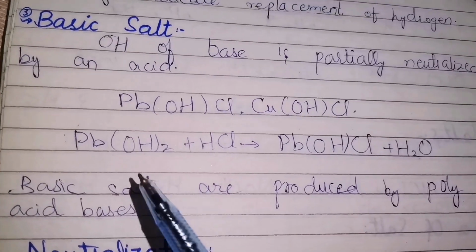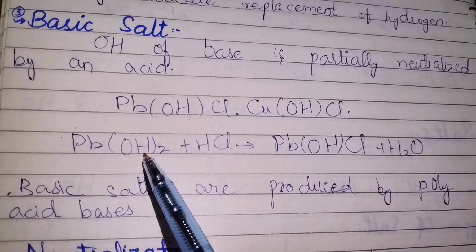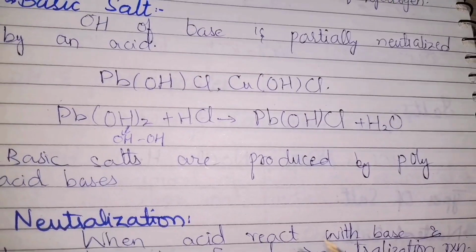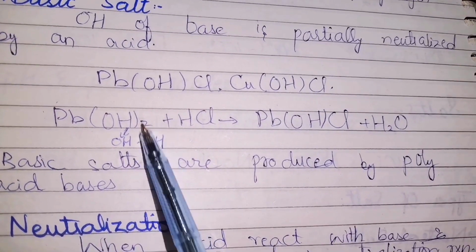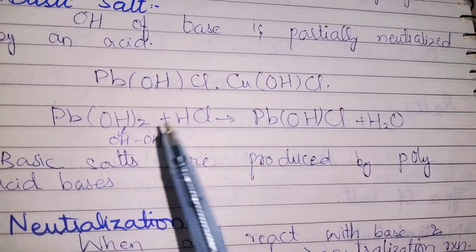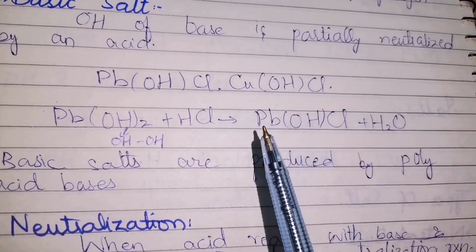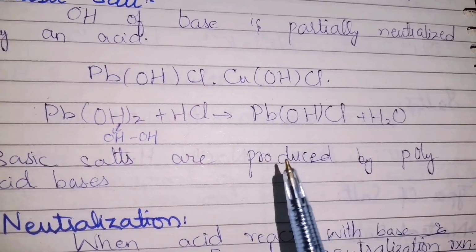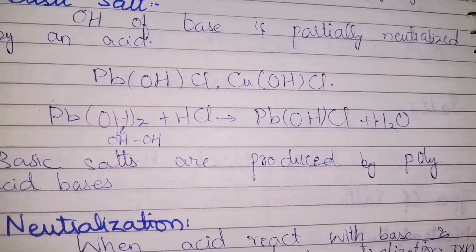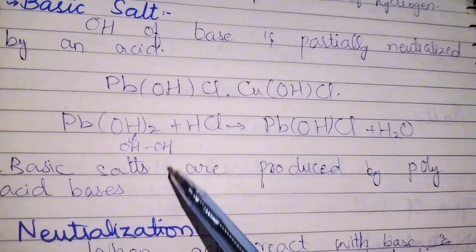Now let me tell you how this reaction took place. How many OH are we having? We are having 2 OH, right? See over here, 2 is written. And we have studied that as a result of acid and base reaction with salt, water is also produced, right?